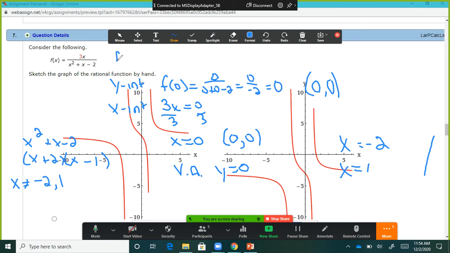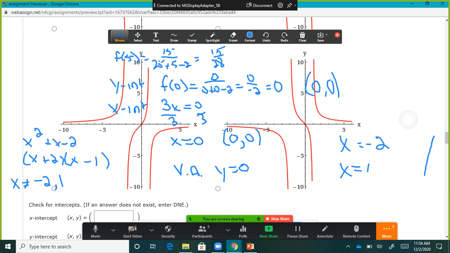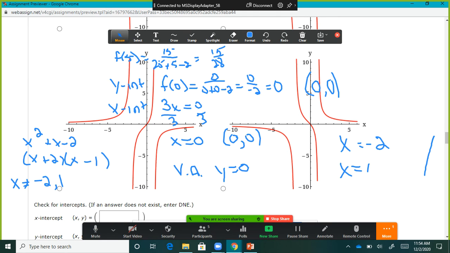But if I put in f of 5, that would be 15 over 25 plus 5 minus 2, which is 15 over 28, which is a positive number. So what I know is this one has to be the proper graph right here. Because this one, when I plug in 5, gave me a negative. This one gives me a positive.